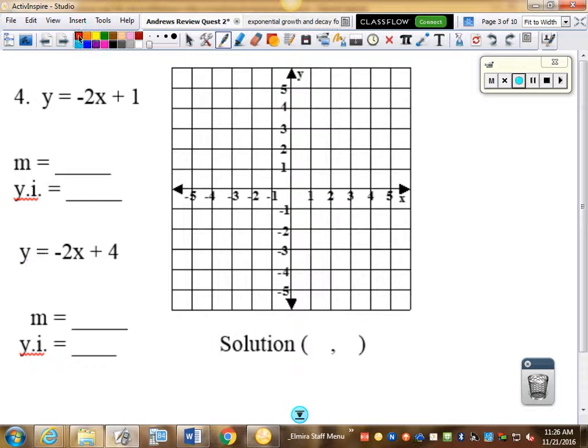Next one. All right, so we have a slope here that is not a fraction. So we're going to make it into a fraction by putting it over 1. So -2 over 1, that means down 2 and 1 to the right, and we're starting on 0, 1.